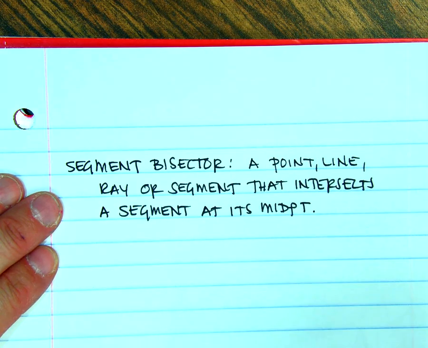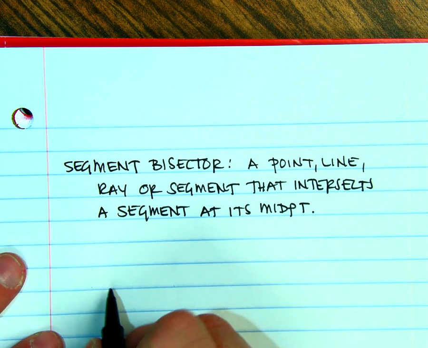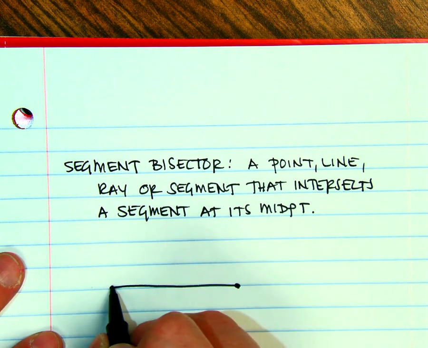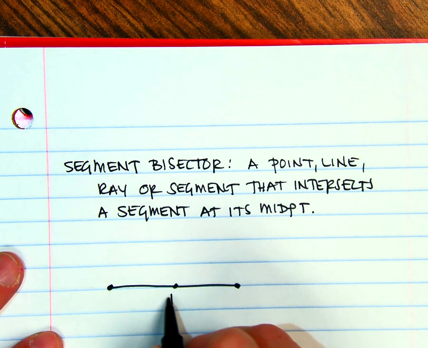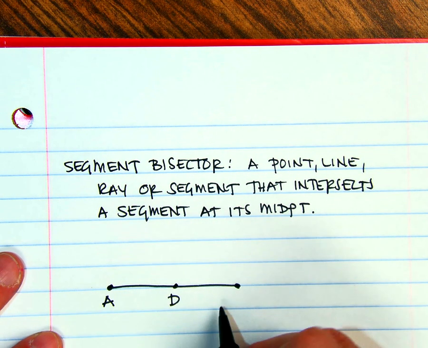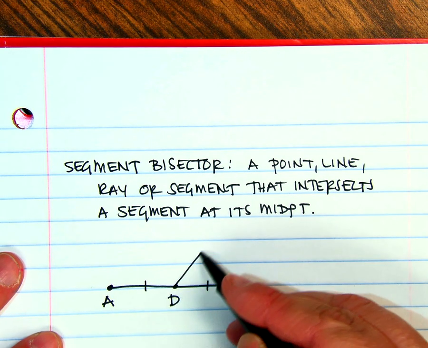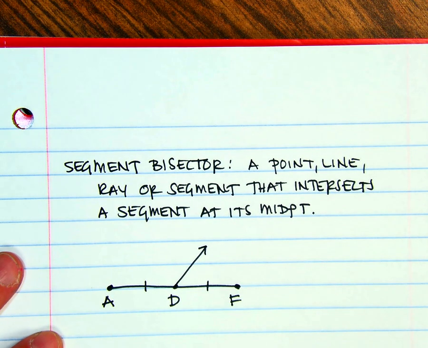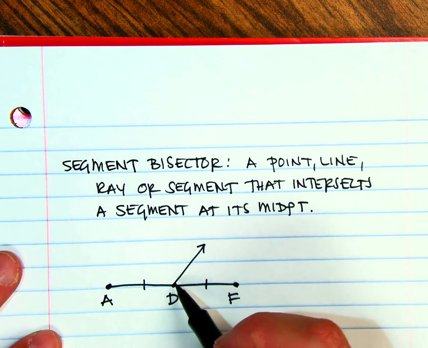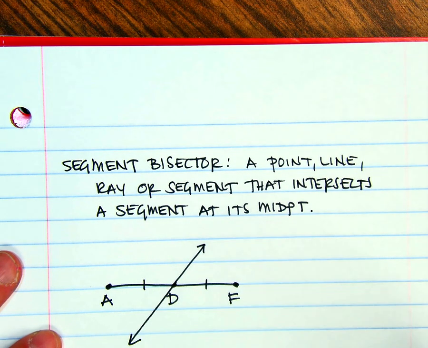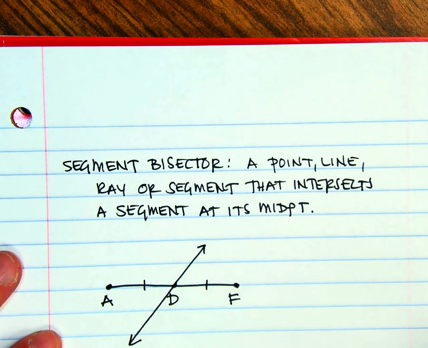And I'm going to abbreviate midpoint. So I have a segment, and if I know that D is the midpoint, then this could be a ray that is the bisector. It could be a line that is a bisector. It could be another segment that is a bisector.